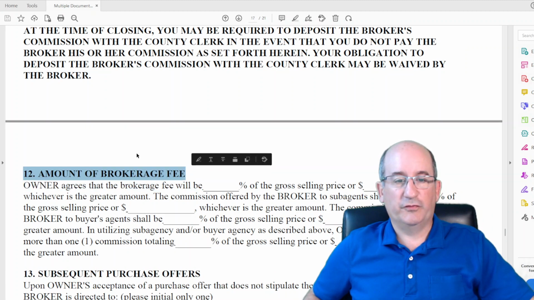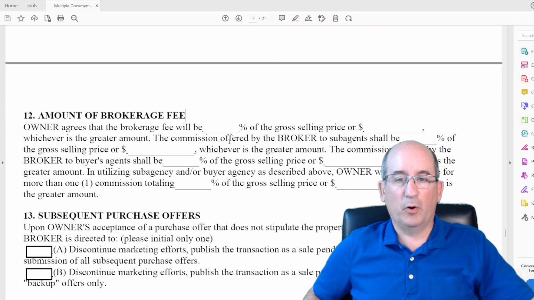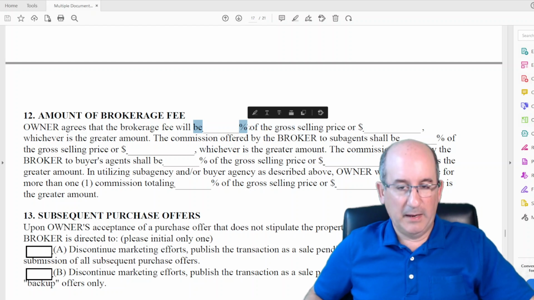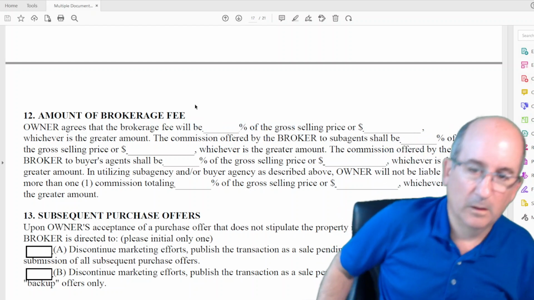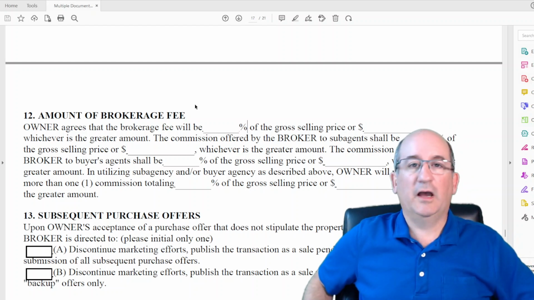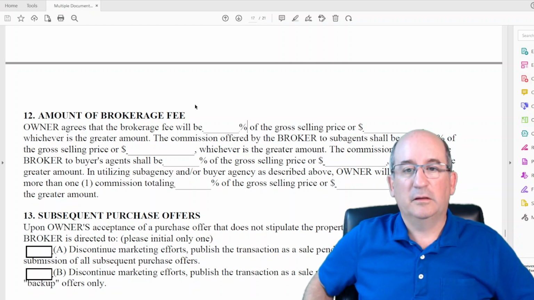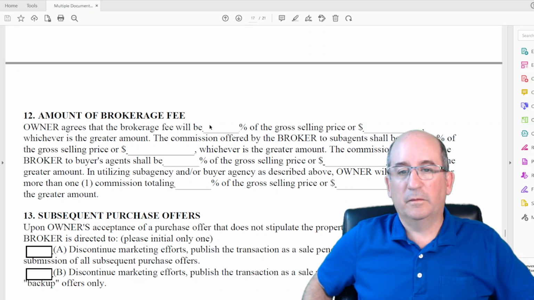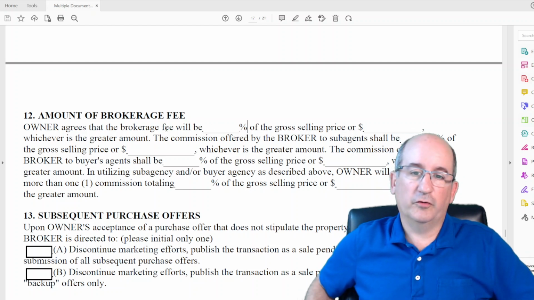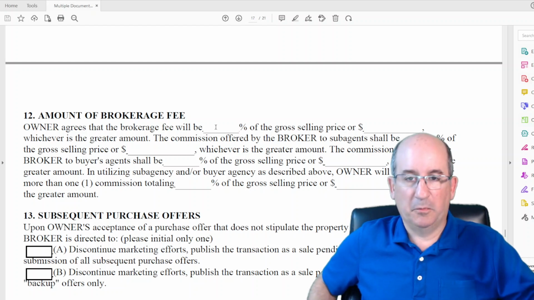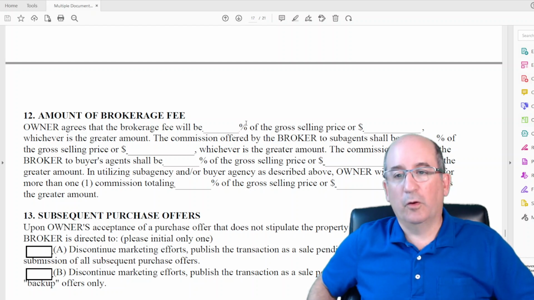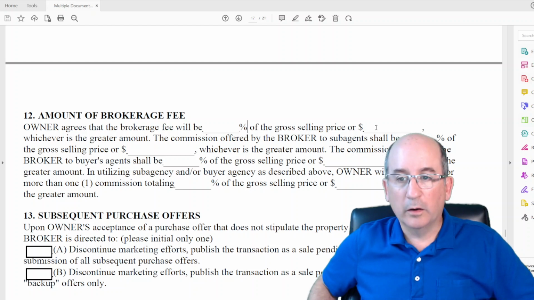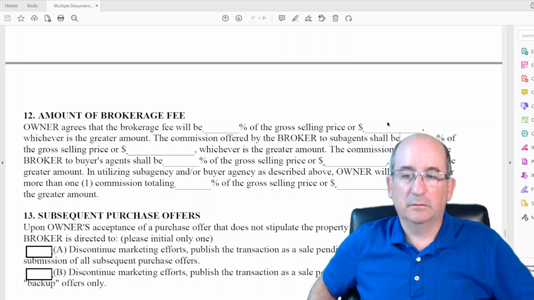The amount of the brokerage fee. The owner agrees that the brokerage fee will be, and this is where I have to be careful because not everywhere is the same commission-wise. So I'm going to just use a hypothetical example. The owner agrees that the brokerage fee will be, pick a number, 6% of the gross selling price or a dollar figure.